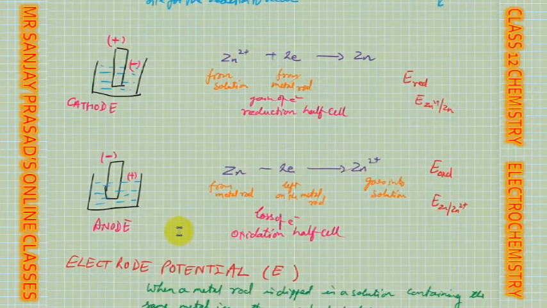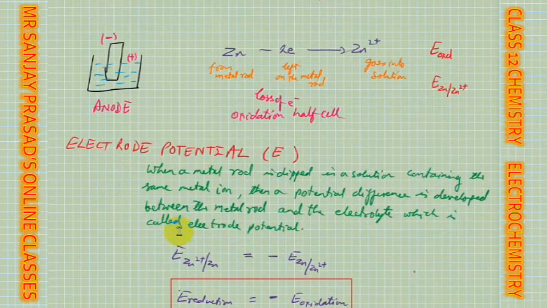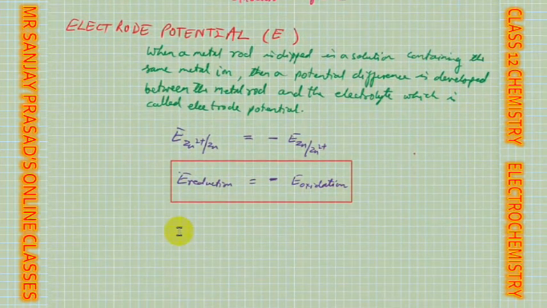Clear? So it is not possible to measure the electrode potential of a half cell alone.